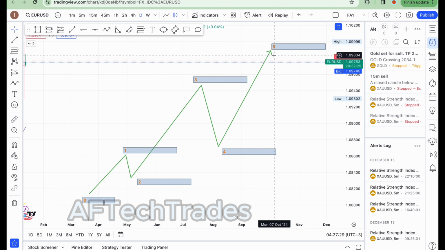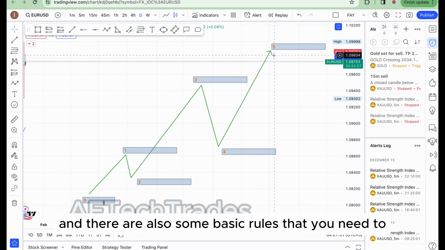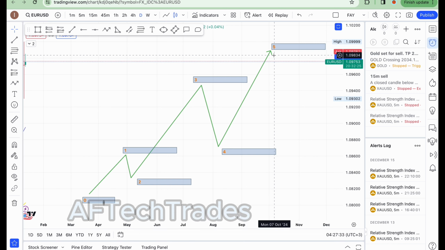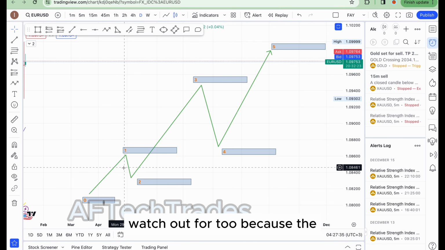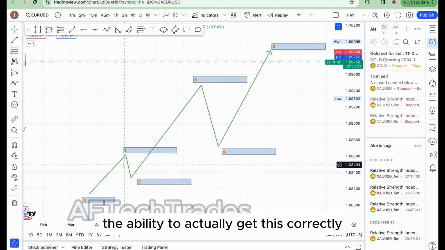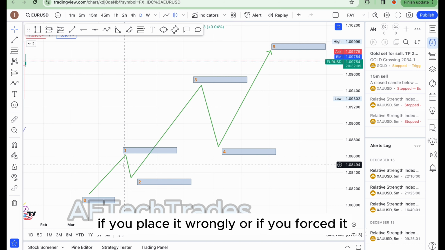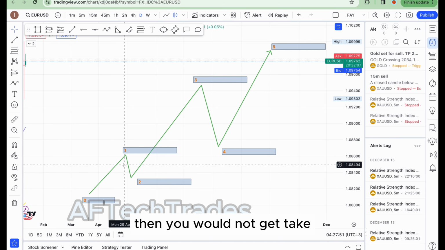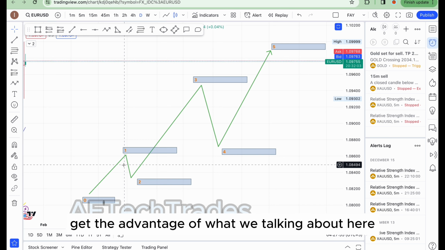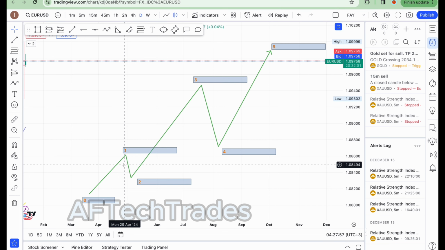So there are also some basic rules that you need to watch out for, because the ability to actually get this correctly has a lot of impact on the trade itself. If you place it wrongly, or if you forced it, then you would not get the advantage of what we're talking about here.